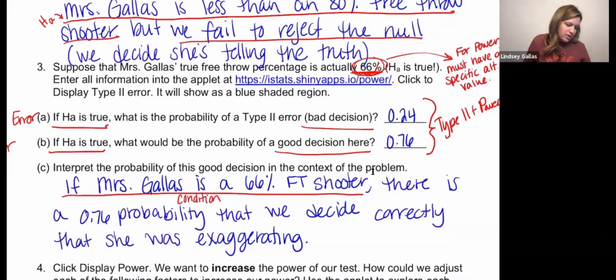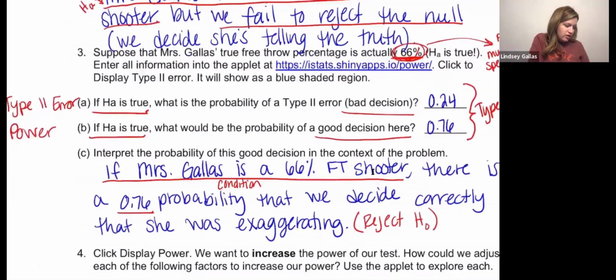We think back to probability. This is really a conditional probability. If I am a 66% free throw shooter, there is a 0.76 probability that we make a good decision, or in other words, that you decide correctly that I'm exaggerating, meaning you reject the null.